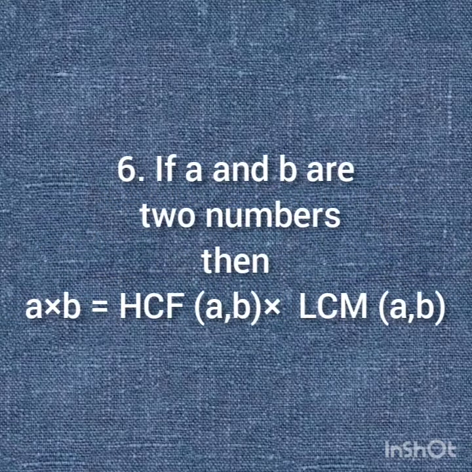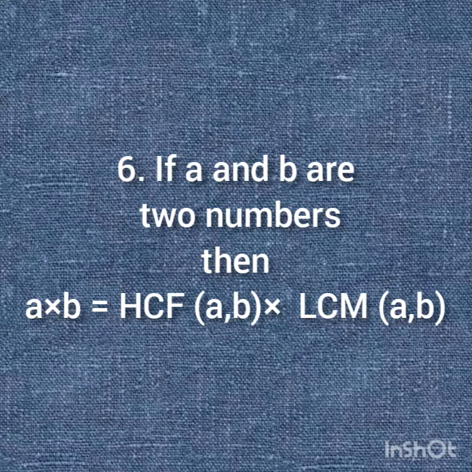One more which is quite important, which we are going to apply again and again in the questions: if a and b are two numbers, then a multiplied by b equals HCF of a and b multiplied by LCM of a and b. This is a very important result to find unknown things.